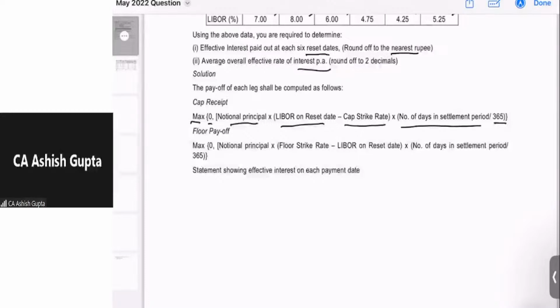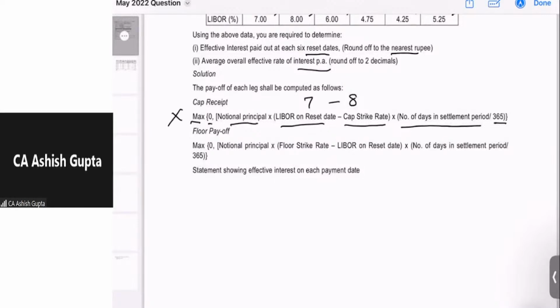Say the rate is 9%, then this will be 9 minus 8. However, if the rate is less than 8, say 7%, and the strike rate is 8, the figure will come negative. So we will not exercise our option.